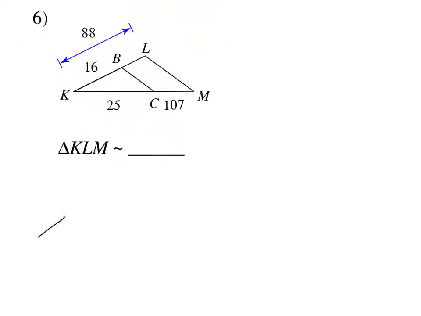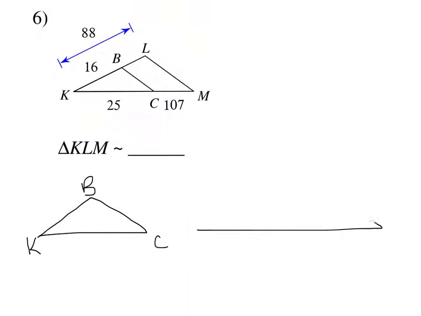So if we have K, B, C, the smaller triangle here, and then we have K, M, and L as the vertices of that bigger triangle, then I need to make sure I transfer the markings from the diagram up here to the correct places down into my separated drawings down here.